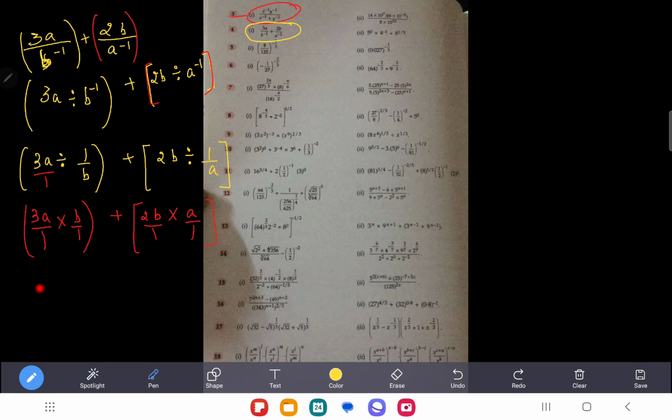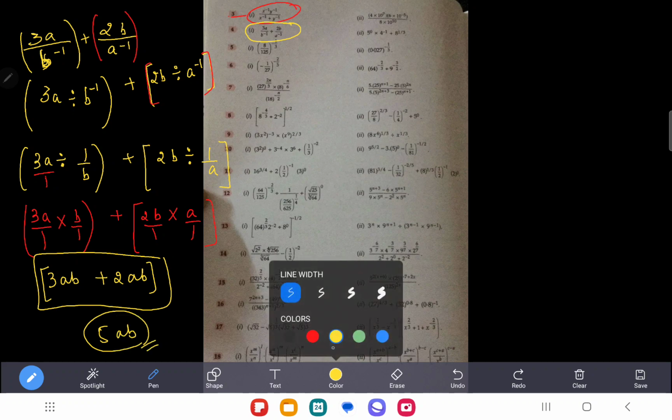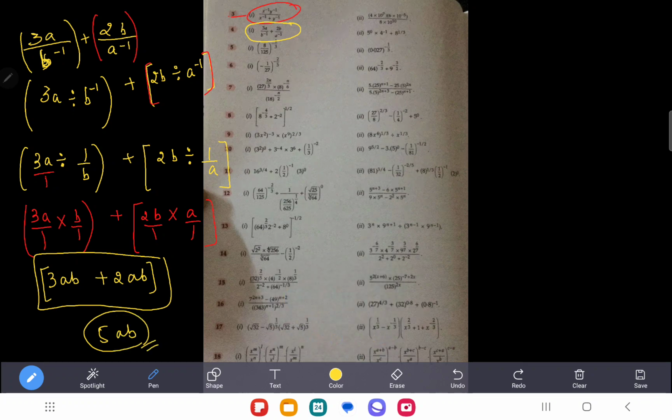So that becomes 3ab plus 2ab, which means it will be 5ab. Understood? That's the answer.